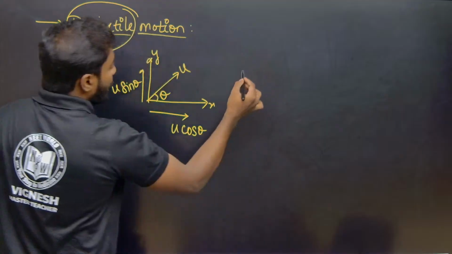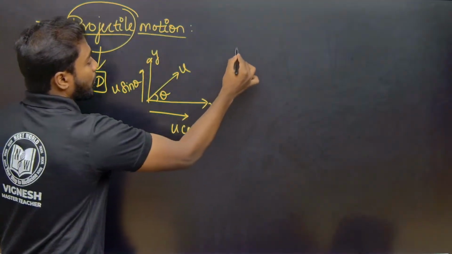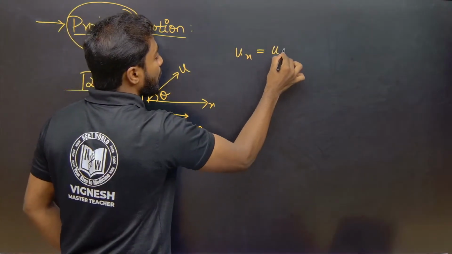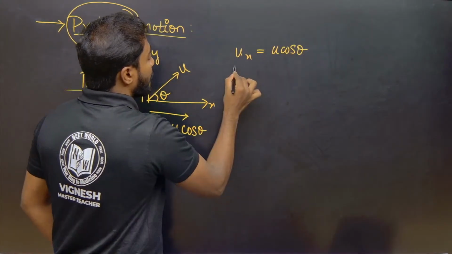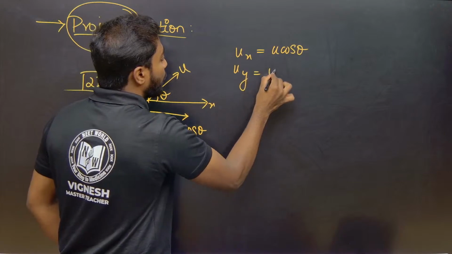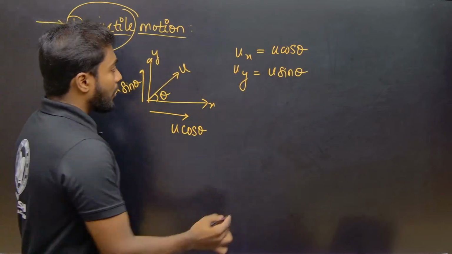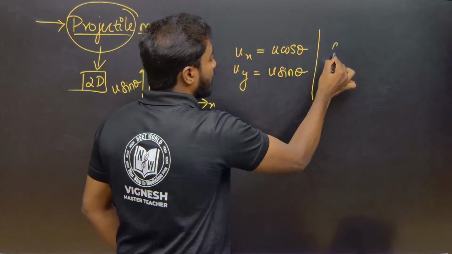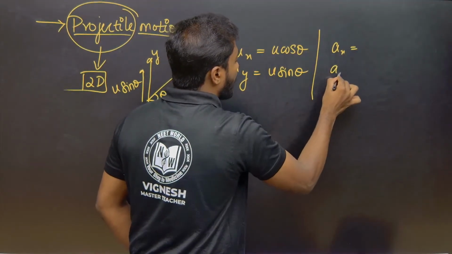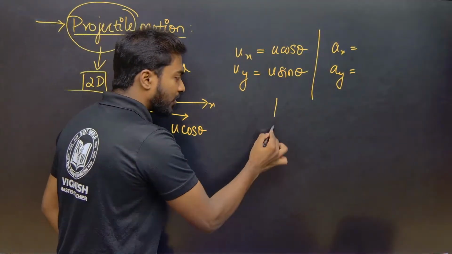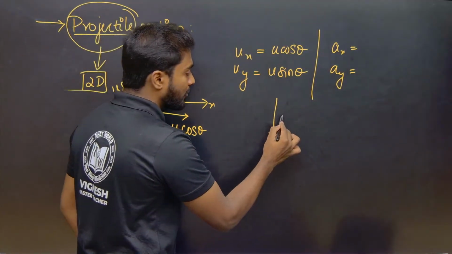So I will write down the velocity. Velocity along the x axis is ux equals u cos theta, uy equals u sin theta. This is about velocity. Acceleration, ax and ay. Gravity is acting downward, that is g.